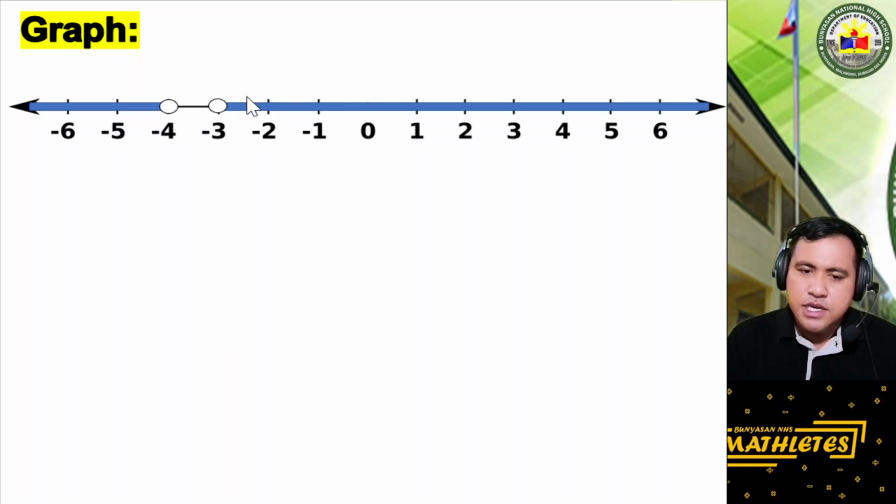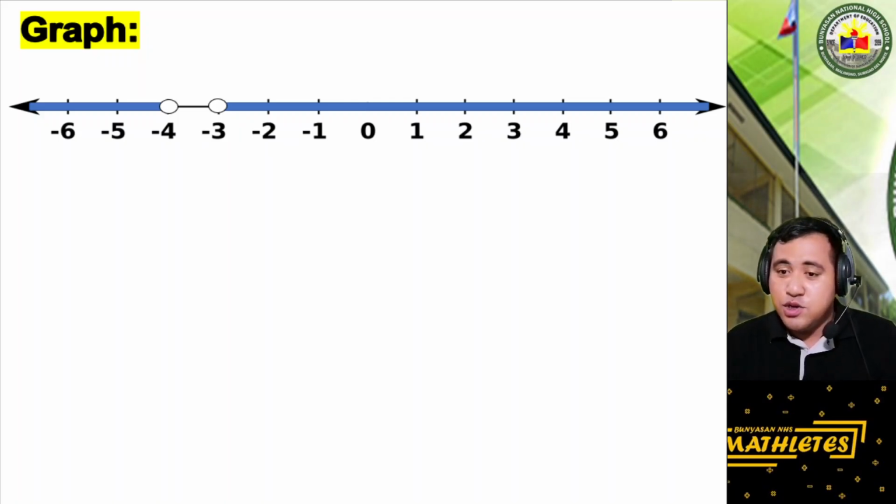Same as the -3 and -4. Halo ang tawag, that is a hollow dot. That means this point is not a part of our solution set. So only those shaded parts are our solution set.